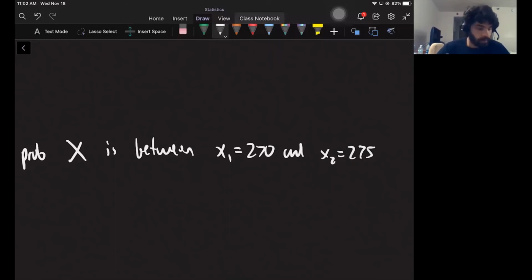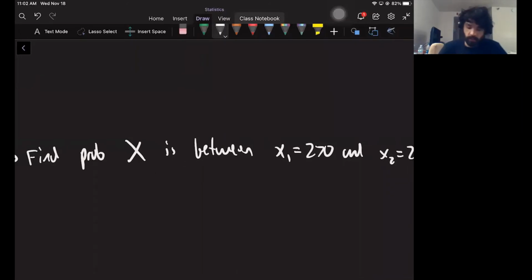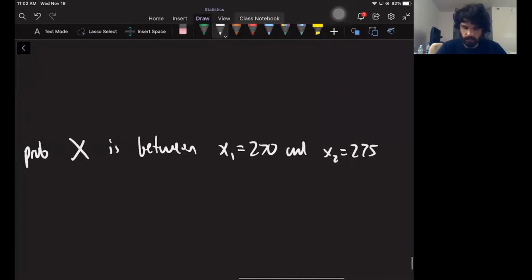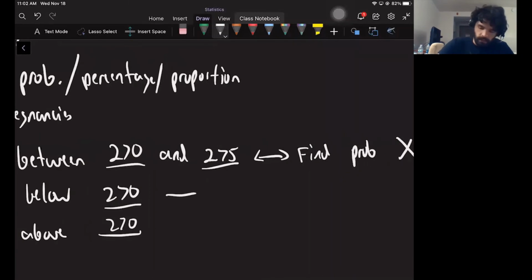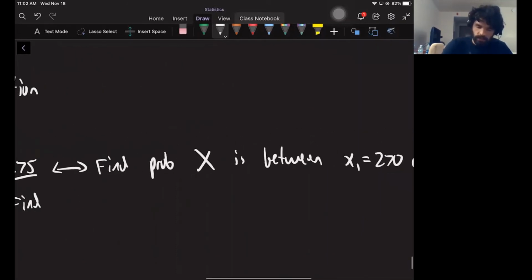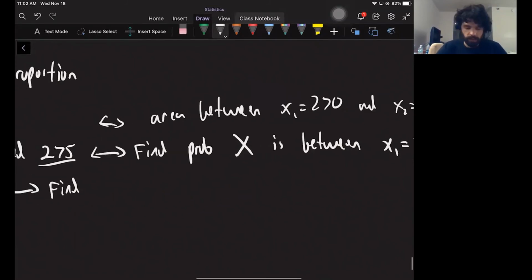So what's the probability that your random variable is between two specific values? That means you have to use little x for the notation of the specific ones. That's what this question is really asking. And this is also the same as finding the area between x1 270 and x2 275, which we do with the z-score stuff.